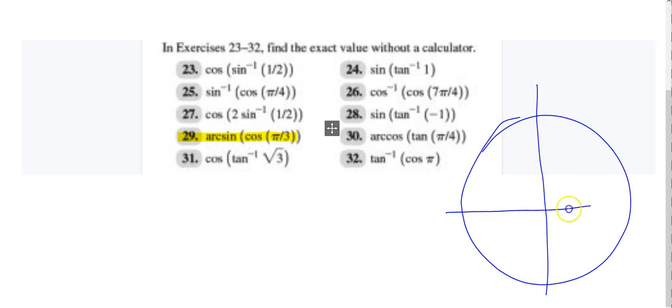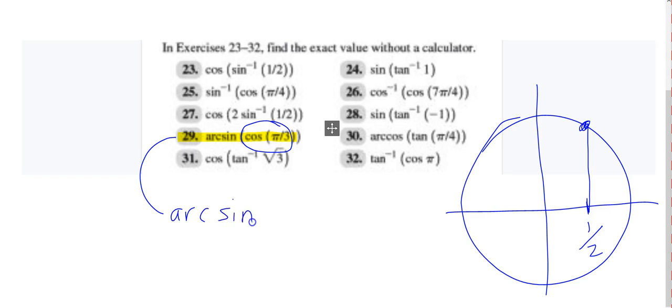Okay, so on question 30, I did this in the video. How in the world are they asking me this question? Okay, cosine, let's see, pi over 3 is up here. The x value is 1/2. So this question is arc sine, or as we talked about in the video, that's the same thing as sine inverse of 1/2. So it's the exact same question as this one, if that's what's really being asked of me.